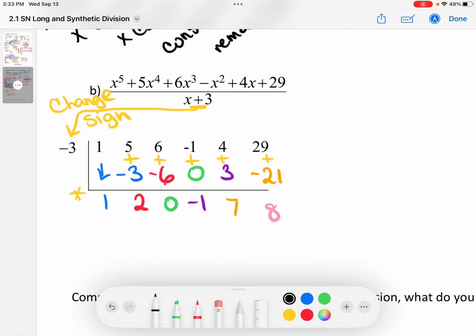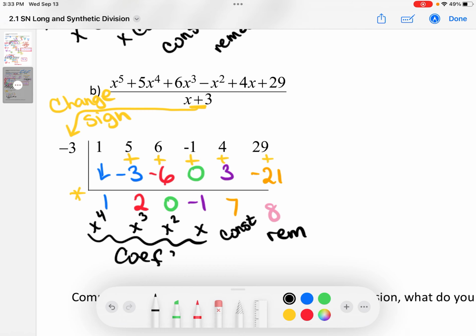So always the far most right number is the remainder. The next is the constant, no variables. Then we have an x coefficient, x squared, x to the 3rd, x to the 4th, and these are all the coefficients.